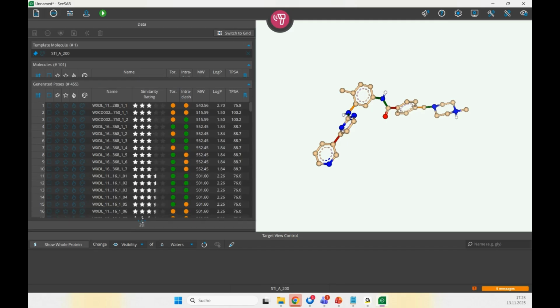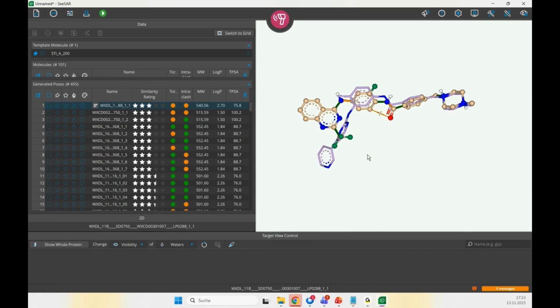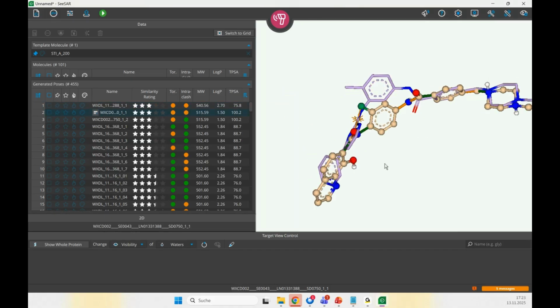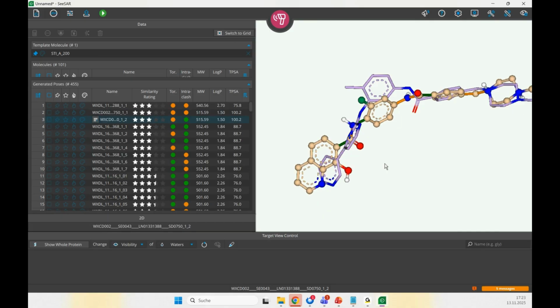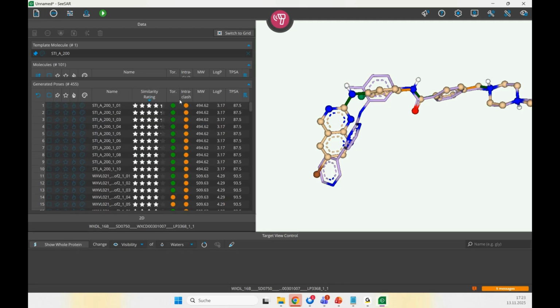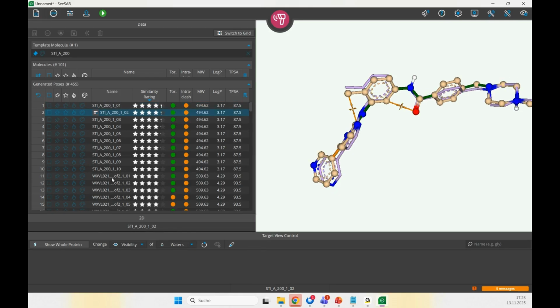Let me see if I can find maybe a nice example. I think this is somewhat closer. Yeah. So ultimately what you can see here in this section, you have to imagine this nitrogen is considered to be not protonated, so it's a hydrogen bond acceptor in this particular case.